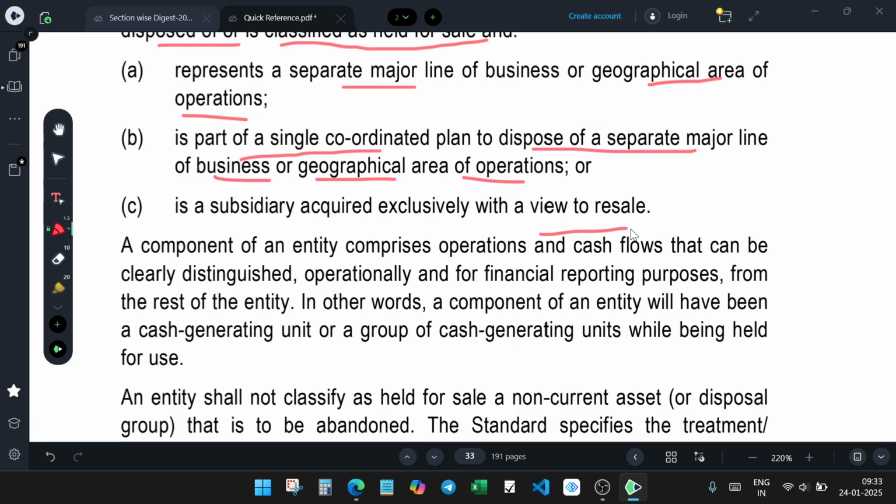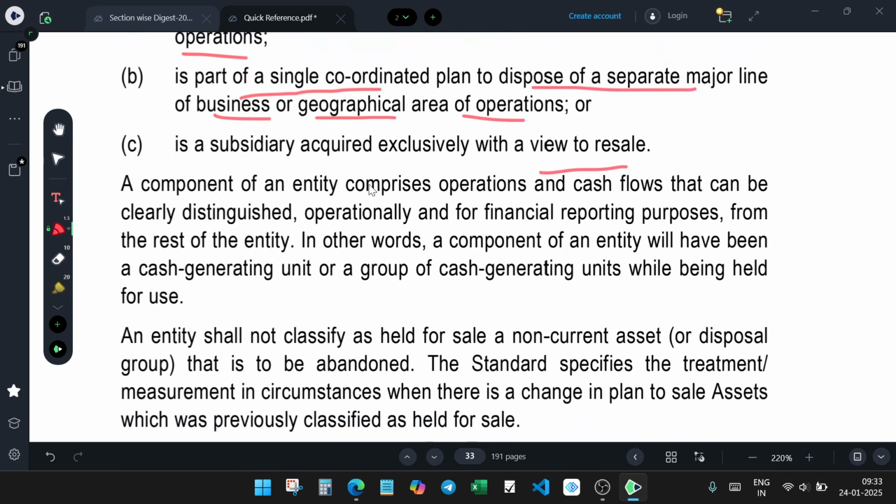Sometimes you buy a company, 30%, 40%, or completely as a holding company, but you are not likely to continue the business. You just fire every employee, break the company into parts, sell it in parts and earn profit. That is also a discontinued operation.